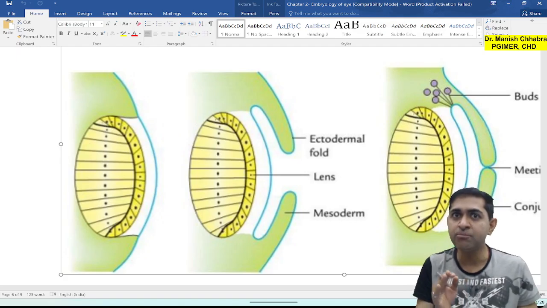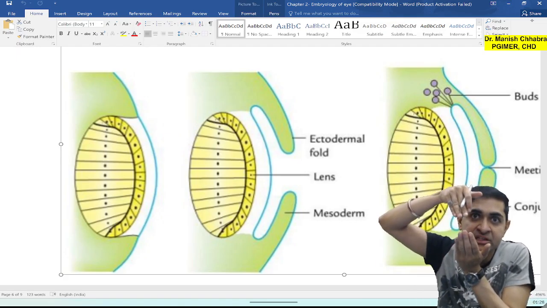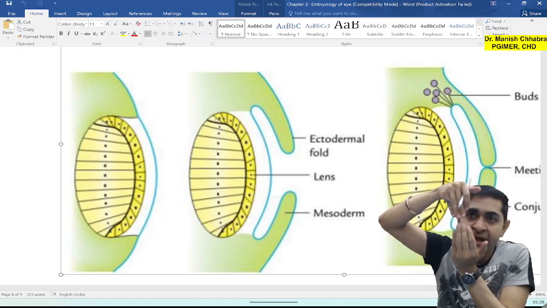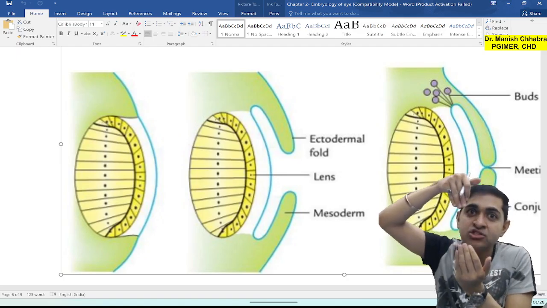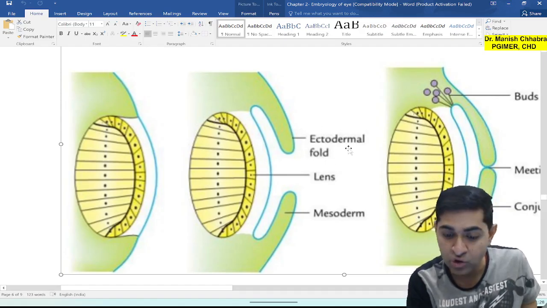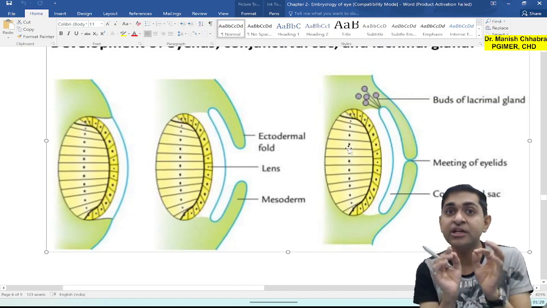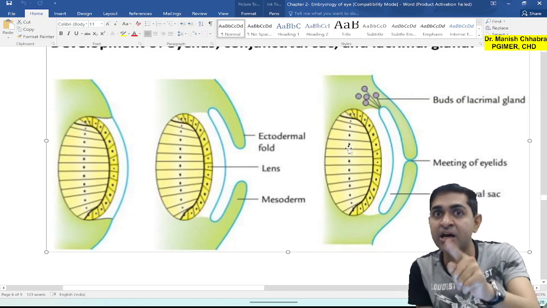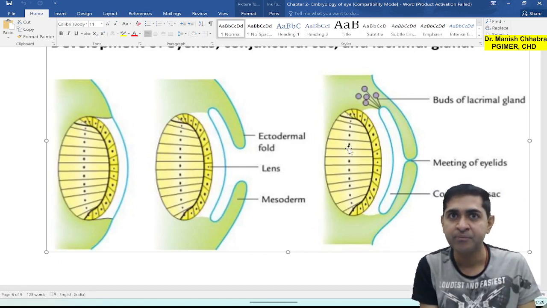What happens is, the most peripheral part of surface ectoderm evaginates anteriorly and meets somewhere at the middle, and later it separates. So you can appreciate that there are ectodermal folds coming from the peripheral part of the surface ectoderm, which later form the eyelids. So eyelids are formed by surface ectoderm.